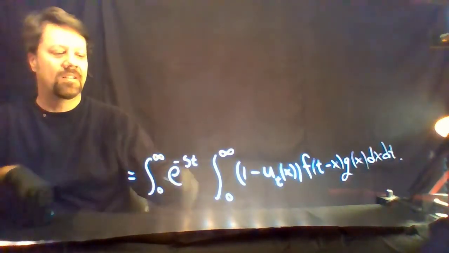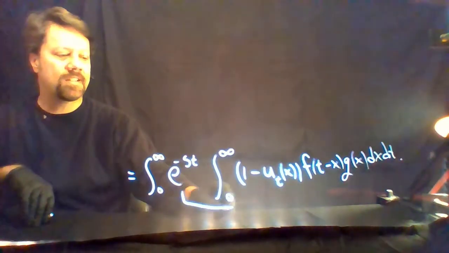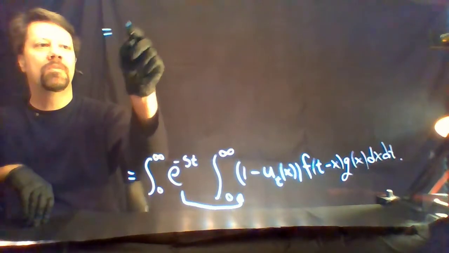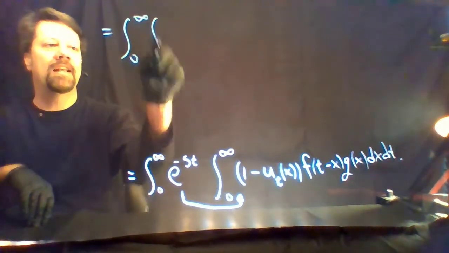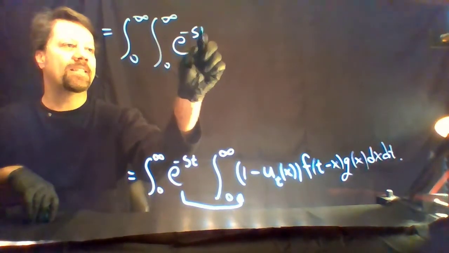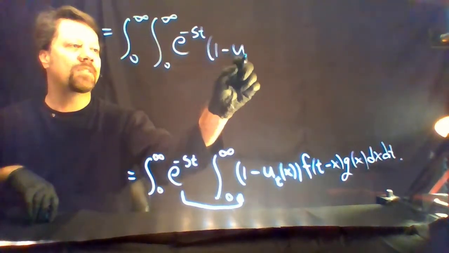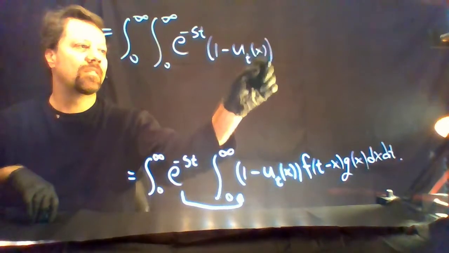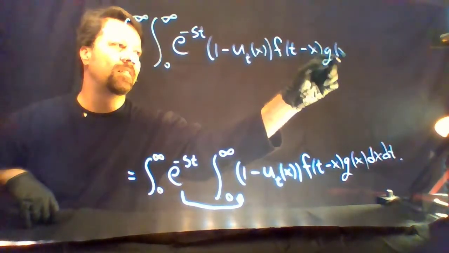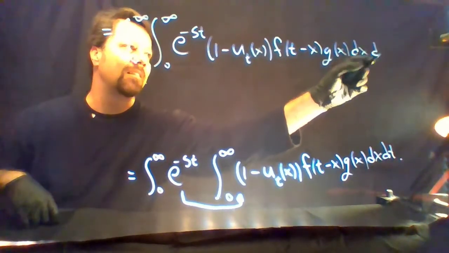Now, we can move this into the inner integral. We'll get the integral from 0 to infinity, integral from 0 to infinity of e to the minus st, 1 minus ut of x, f of t minus x, g of x, dx, dt.